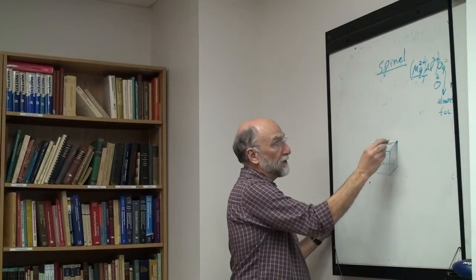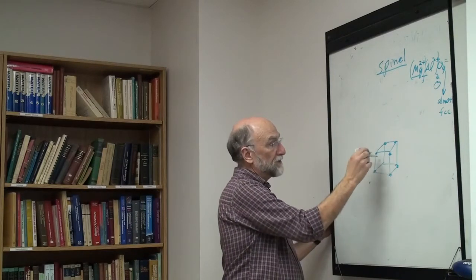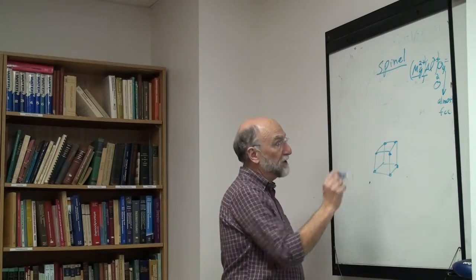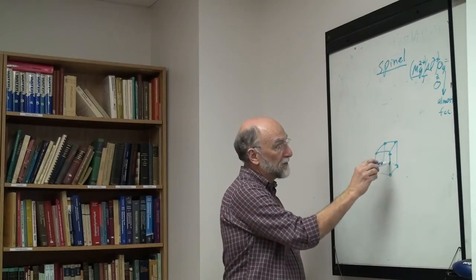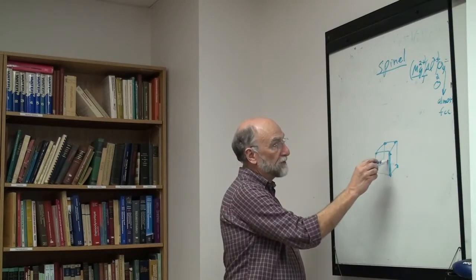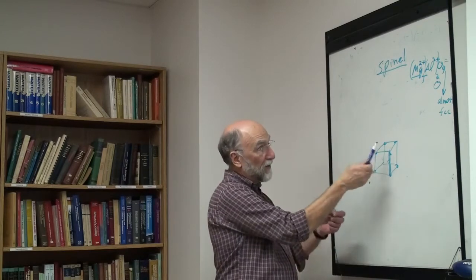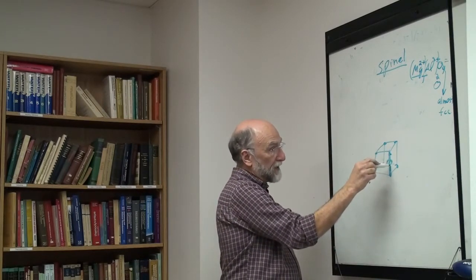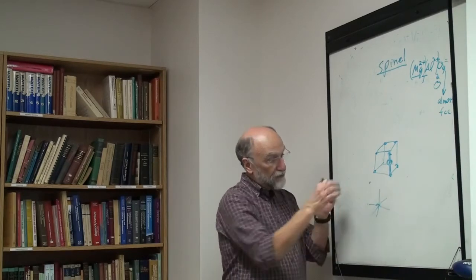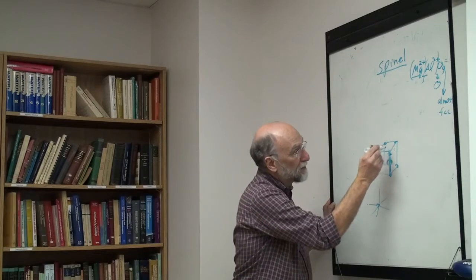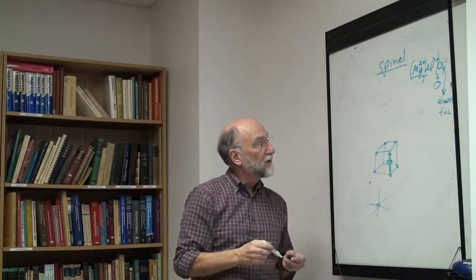The center of a side is also an octahedral site if you consider the neighboring unit cells: this site has six oxygens around it, 1, 2, 3, 4, 5, 6, at the corners of an octahedron. And around the corners of this cube you have 8 sites which are tetrahedrally coordinated.